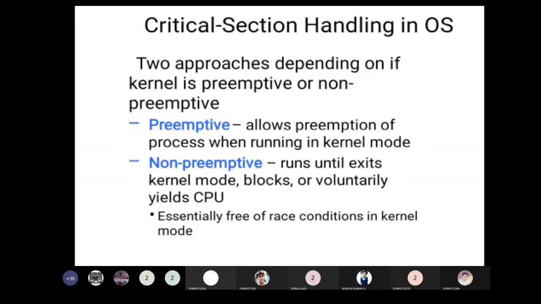Whenever a process is executing in kernel mode, it is out of the control of the user. It is only under the control of the OS. So preemptive means it allows suspending of the process when it is running in kernel mode. Non-preemptive means it cannot be preempted. It runs fully, or completes fully, when it is executed in kernel mode.